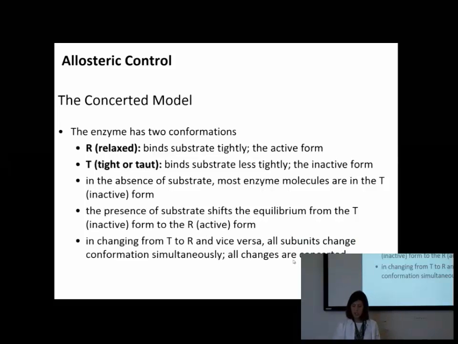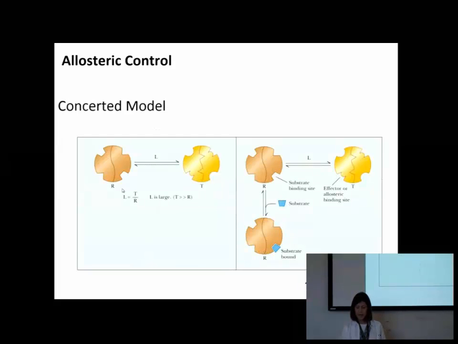So here we have our relaxed and our taut states. Our substrates can bind into these little square things. In the relaxed state, the active site is nice and open, easy to bind.